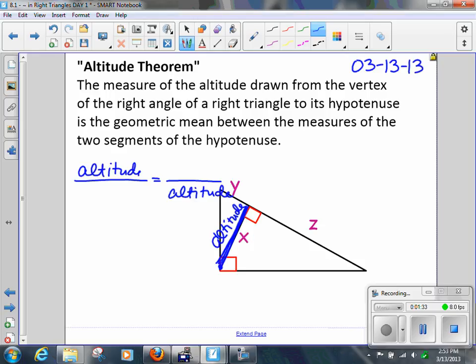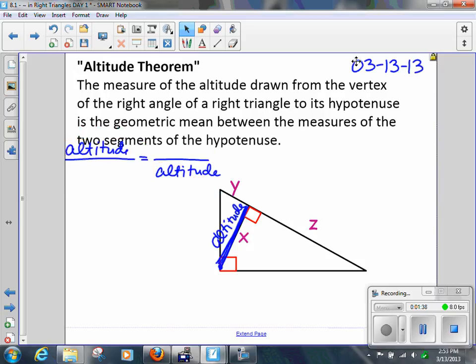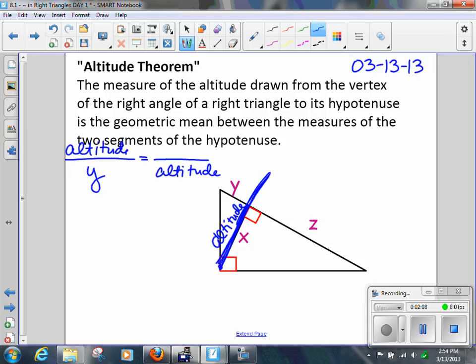Then go back and read the problem. What does the altitude split the hypotenuse into? That altitude is like a machete. What's it cutting into? Y and Z, isn't it? Aren't those the two pieces the altitude is chopping through? So we've got Y in one diagonal, Z in the other.